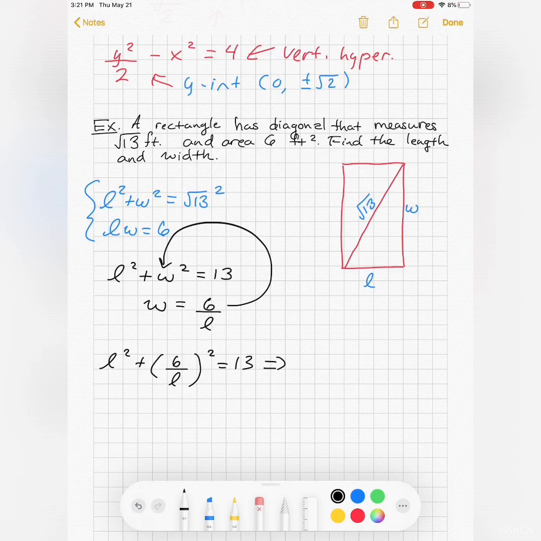This looks similar to the last problem. So square the top and the bottom. The numbers are nicer here. Multiply by L squared.